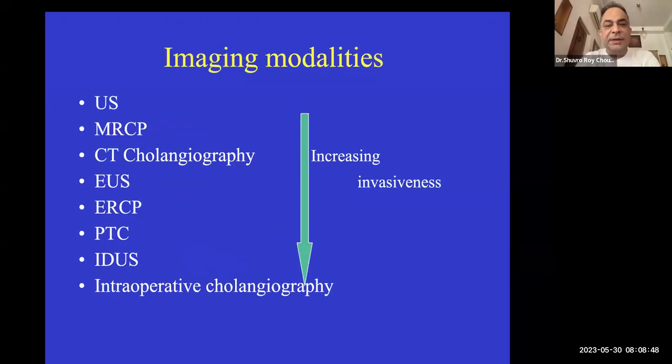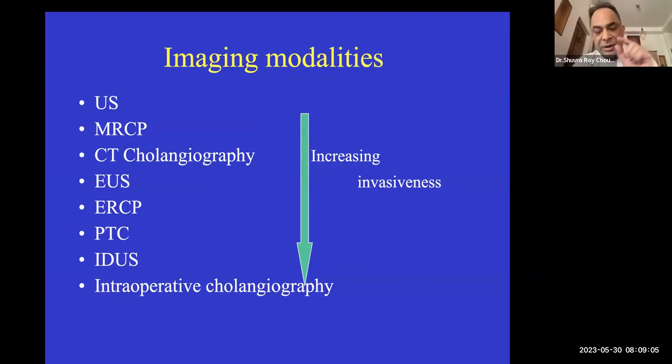If you look at the imaging modalities that are available for looking at the biliary tree, you start with an ultrasound, then you consider an MRCP. In those days, we used to do a test called CT cholangiography, which is a very, very good test.